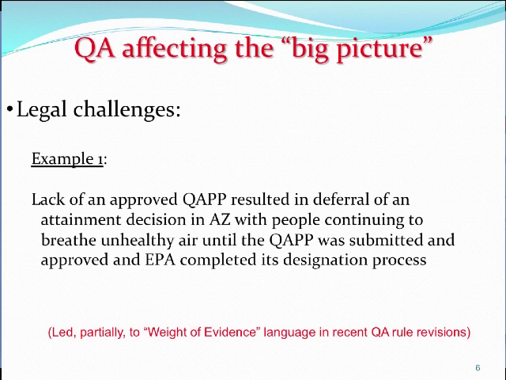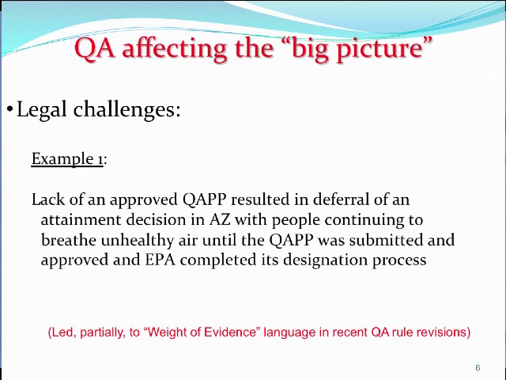Some of you may know this, that there was a lack of approved QAP in Arizona, and there was some data, Mike corrected me in my last talk, I think it was for lead, and there was a lead monitor showing non-attainment with the standard, but they weren't able to use that data point because there was no approved QAP. So that had to go through the process, create a QAP for it. In retrospect, it took a long time, and then EPA could complete its designation process, non-attainment for lead.